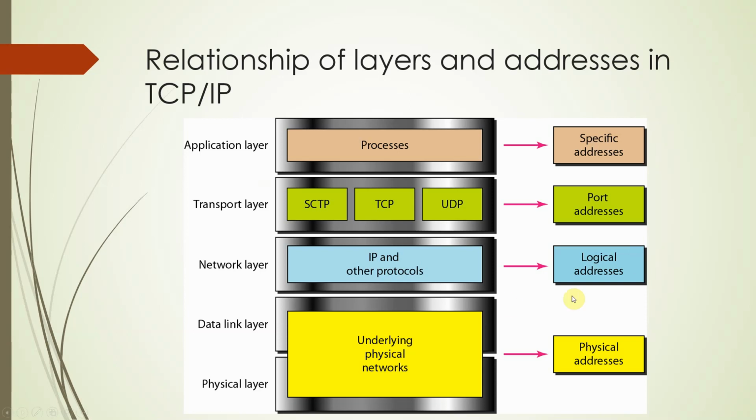Again, the logical address will be taken care of by the network layer, which means IP addresses. The port to port communication will be taken care of by the transport layer, and the specific addresses like URLs will be taken care of by the application layer with the help of the DNS, the higher level protocol that is there in the application layer.